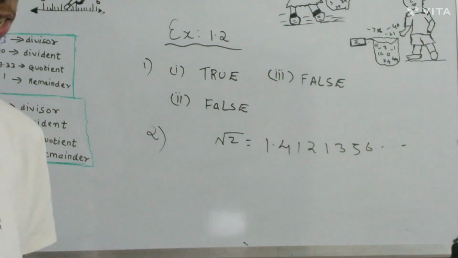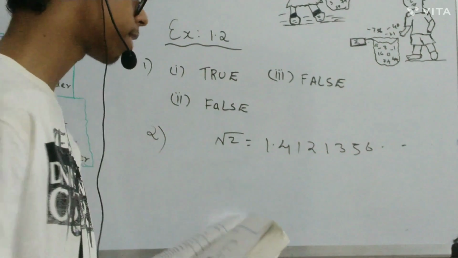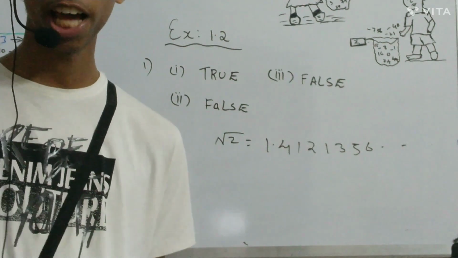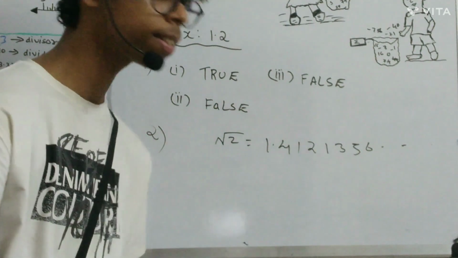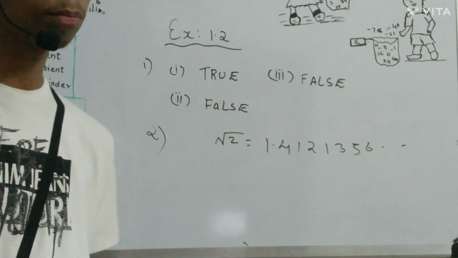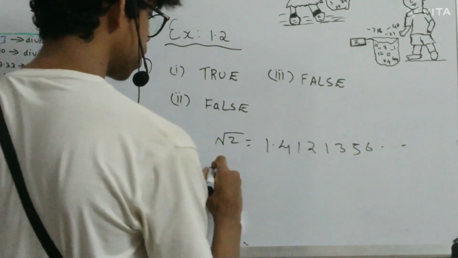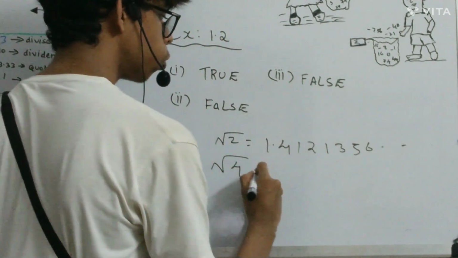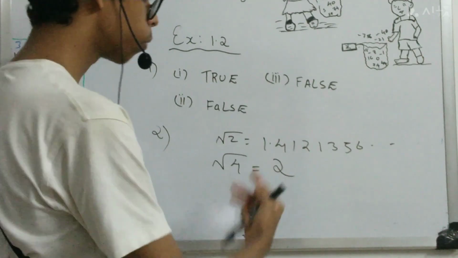Now, they are asking you, are all square roots irrational? No. I had told you in the beginning also, all the imperfect squares' roots are irrational numbers. But if I say root 4, what is the answer? We got root 4 is equal to 2.